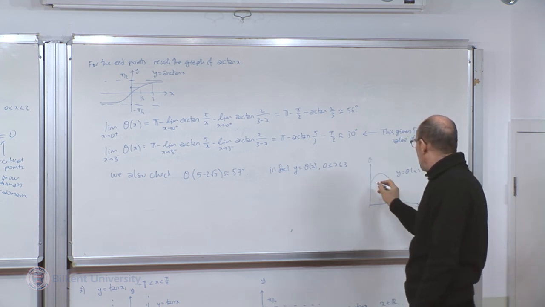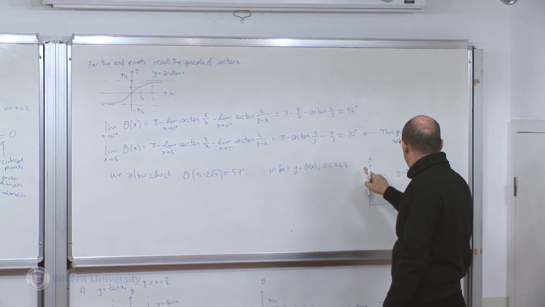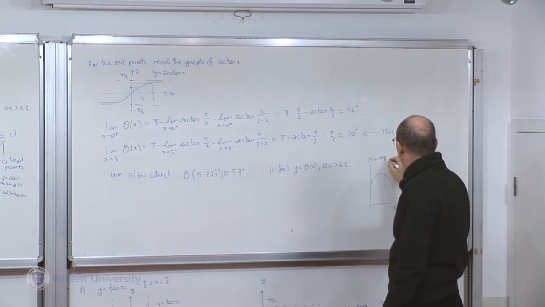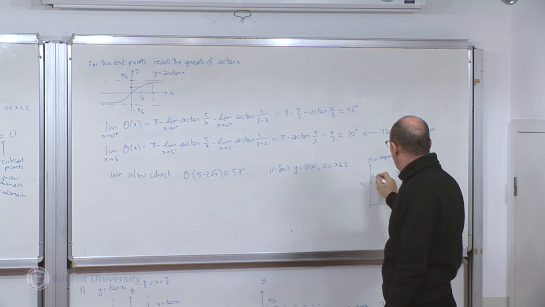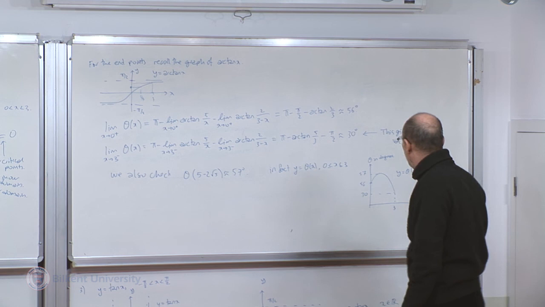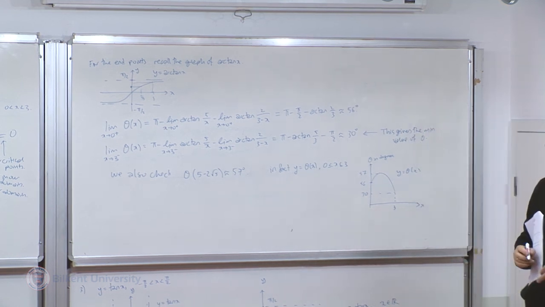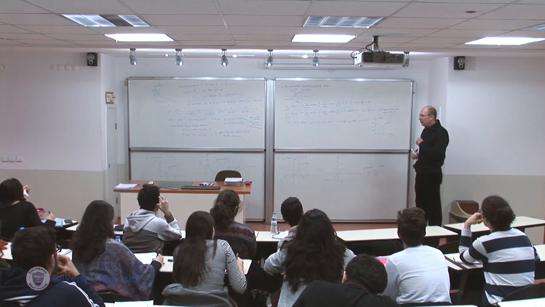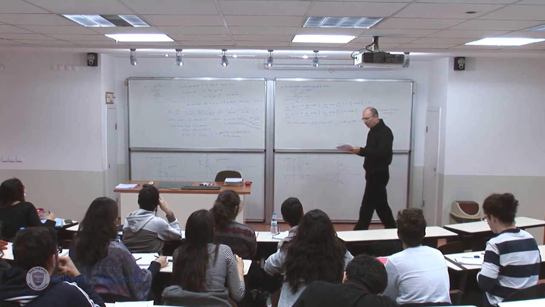So it starts from here, theta in degrees in this graph. So this is 56. This part is 57 and this is 30. So this is how the function theta behaves in our domain. Okay, so we can stop here.